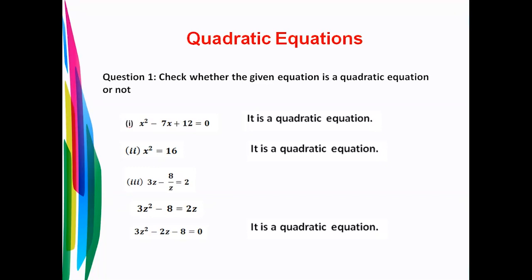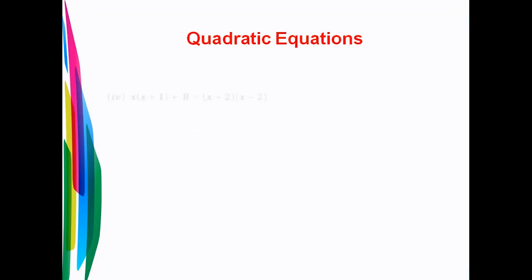Let's take another example. X into x plus 1 plus 8 is equal to x plus 2 into x minus 2. Let's first simplify this. Let's just open the bracket. So when I open the bracket, I get x square plus x plus 8 equal to x square minus 4. Now if we see the right hand side, it is a minus b, a plus b, so that will be a square minus b square, and I get x square minus 4.